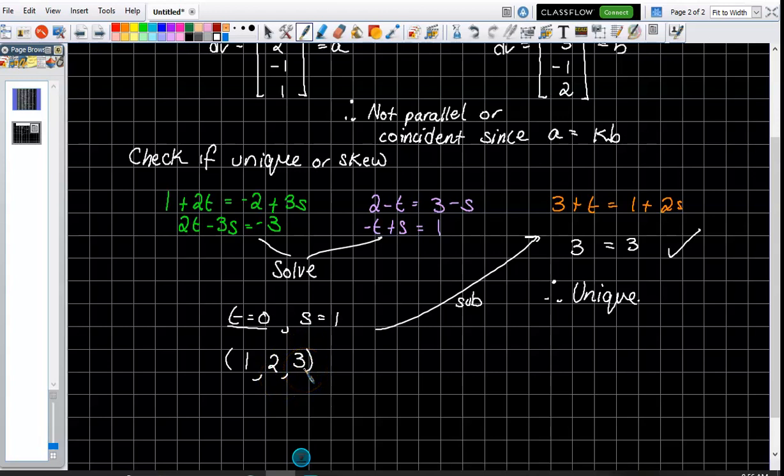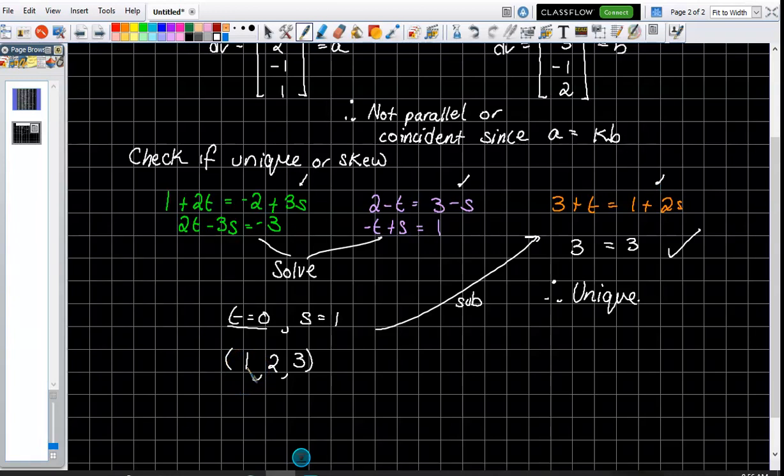If you wanted to really check, if you chose s is 1 and popped it into the other one, you should get exactly the same answer. When s is 1, minus 2 plus 3 is 1, 3 take 1 is 2, and so on. So that is our unique point of intersection.